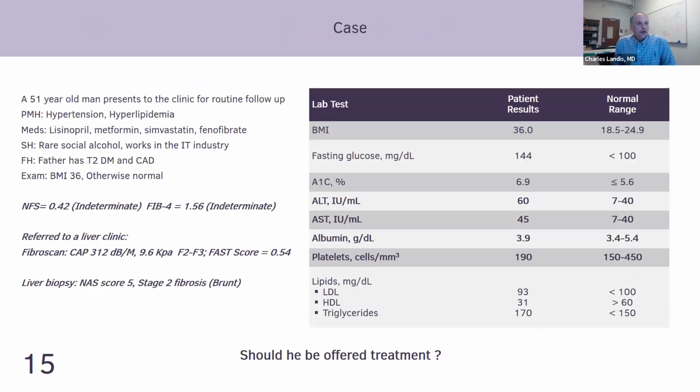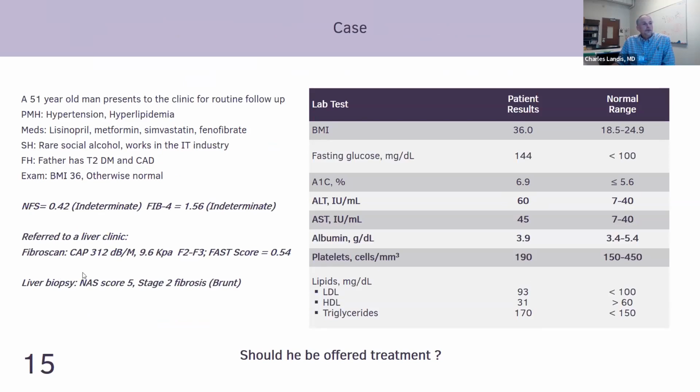So we go back to our patient who we wanted to screen for NASH. We went ahead and he got some liver tests, and lo and behold, he did have elevated liver enzymes. His platelet count was 190, which is within normal range. His NFS score was in the indeterminate range, and his FIB-4 score was also in the indeterminate range for any kind of advanced fibrosis.